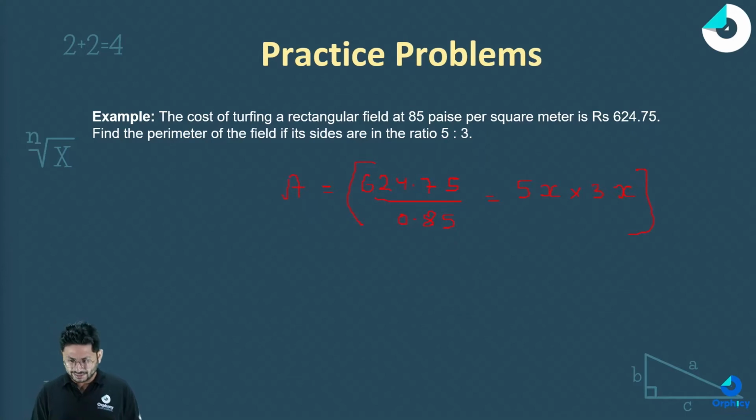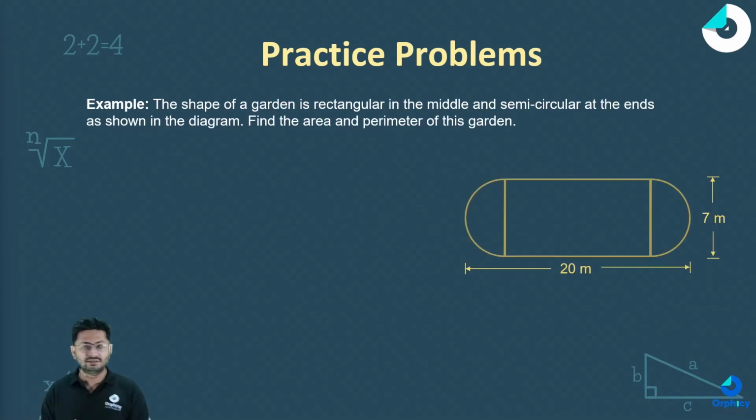Okay, great. So this is the next question. In this there is a given shape, which is a rectangle, and at the end there are two semicircular regions. If this breadth is 7 meters, then the radius of the semicircle should be equal to 3.5.